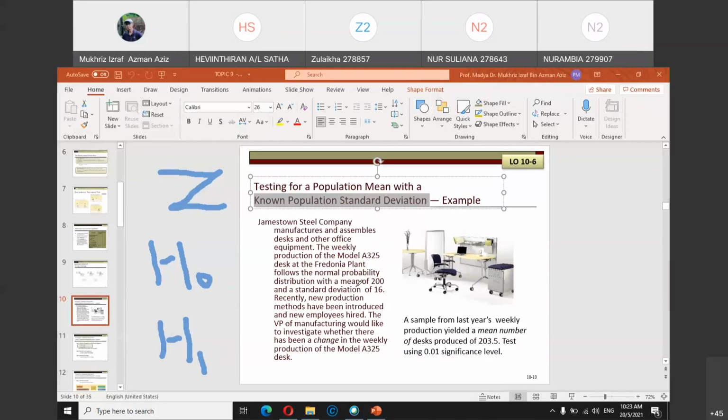Here you can see that the weekly production plan of this company follows a normal distribution with a mean of 200 and sigma of 16. The first statement actually refers to the general information, meaning it refers to the population value, not the sample. From the sample, it will mention a sample from last year yielded a mean of 203.